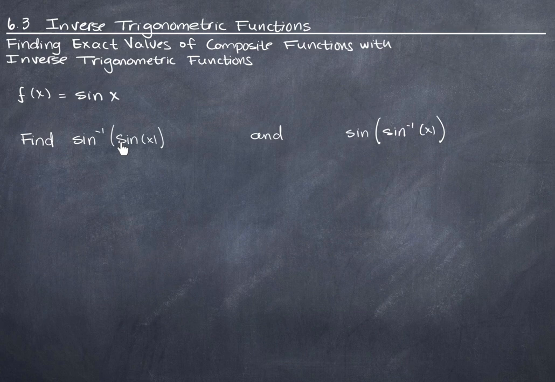Except as in the previous video, where the angle was outside the negative pi over 2 to pi over 2 region. So there will be times when we can't do this directly, but we can always find the sine inverse of the sine of an angle.